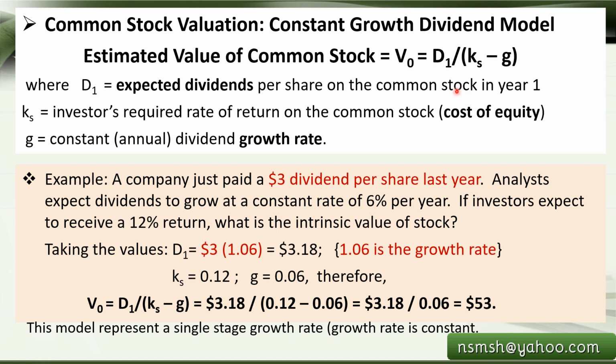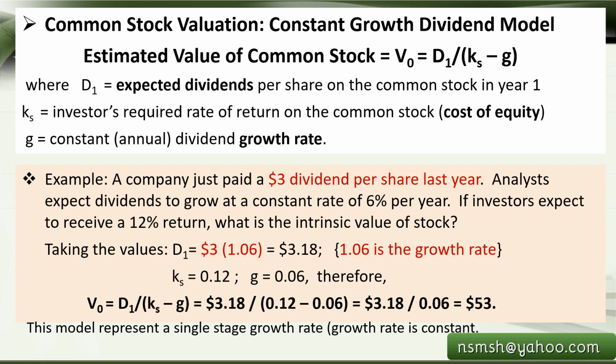D1, the first year, will be based on the current $3; as per the growth rate, you calculate that into 3.18, which is the first year. So you get $53. This is the intrinsic value from the constant growth dividend model calculation.